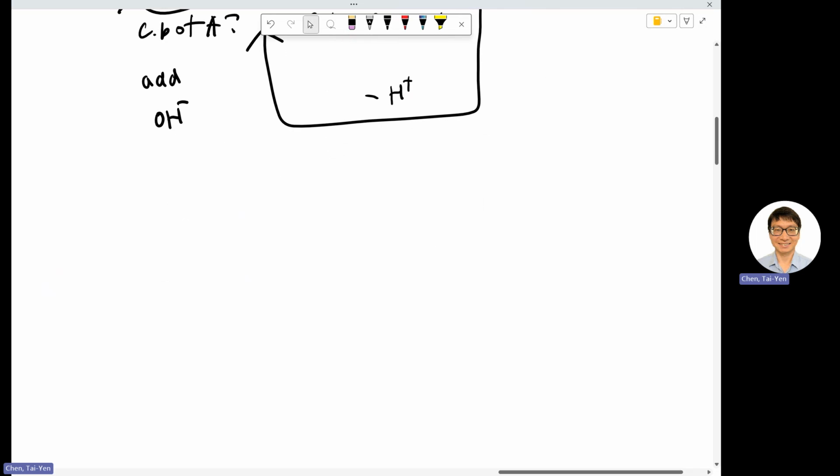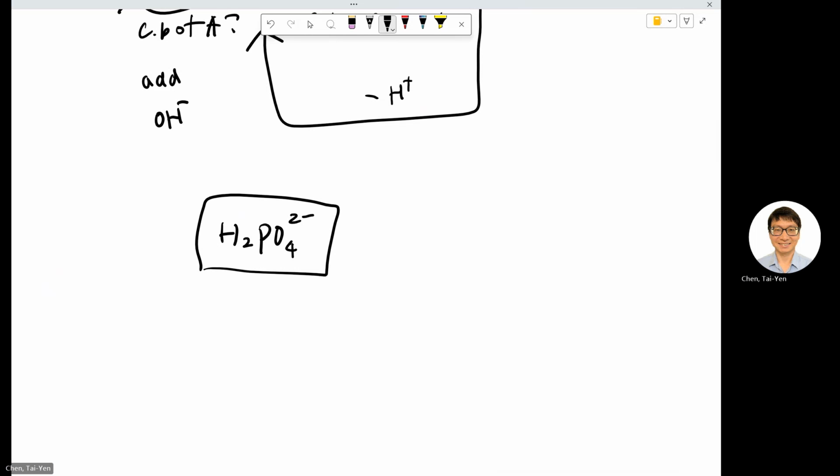If not, let's do some practice. Let's start from this species. If you want to know the conjugate acid of this species, what do you get? It's H3PO4, because what you do is add in H plus. Oh, it's 1 minus, sorry, this should be 1 minus.